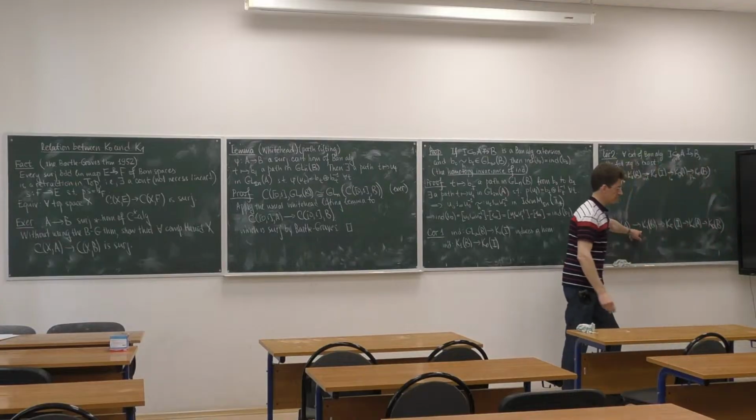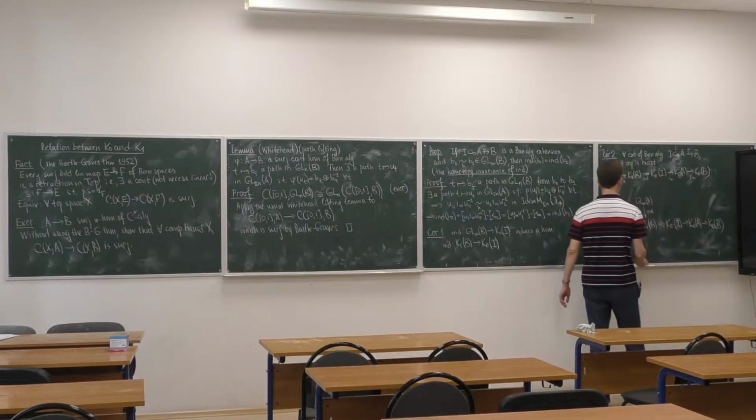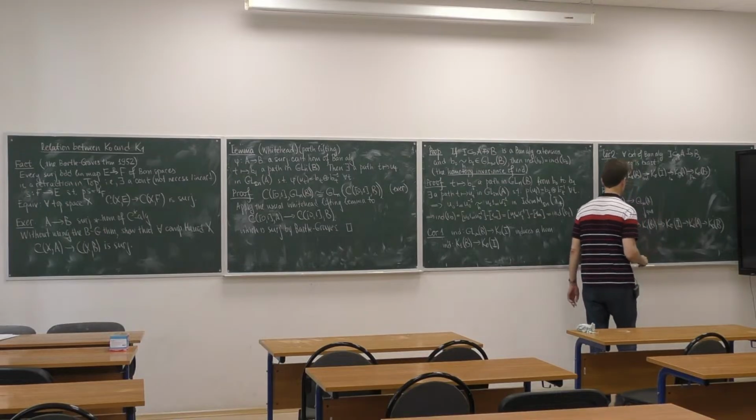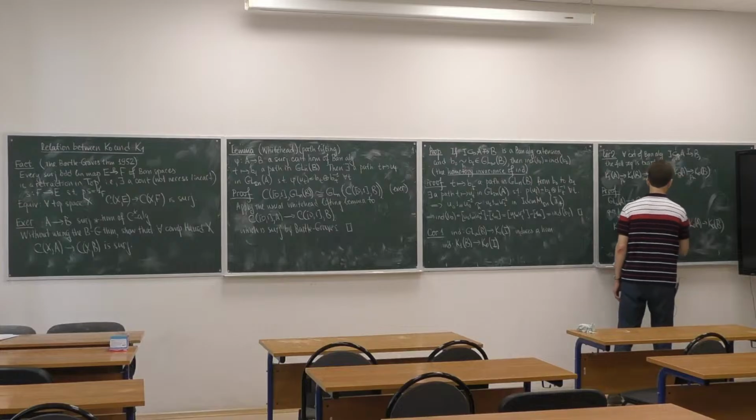Well, K1 of B is a quotient of GL infinity of B. Here we have the quotient map. K1 of A is the quotient of GL infinity of A. Here we have the map induced by P. Here we can take the composition.